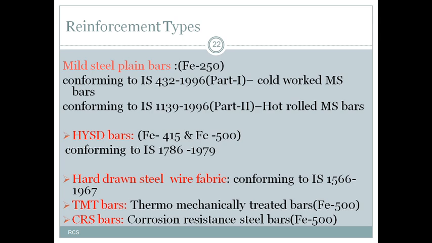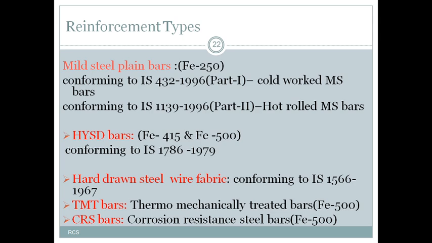1139-1966 Part 2. Next are HYSD bars, meaning high yield strength deformed bars. The grades of those bars are Fe415 and Fe500. The properties of these bars conform to IS 1786-1979. Next is hard drawn steel wire fabric.